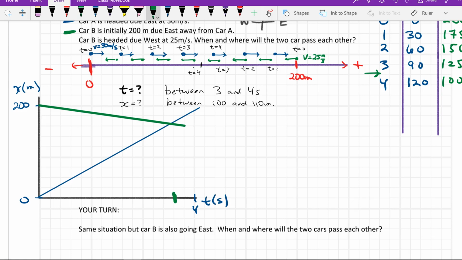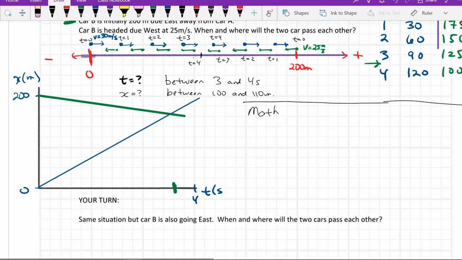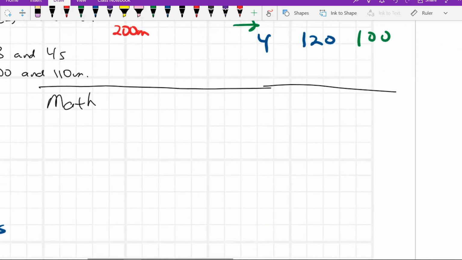Okay, so our last one will be the mathematical modeling, and I need to sort of create some space here for me. I'll just get rid of that so I can create some more space. So my mathematical modeling or equations. Bring this over here.